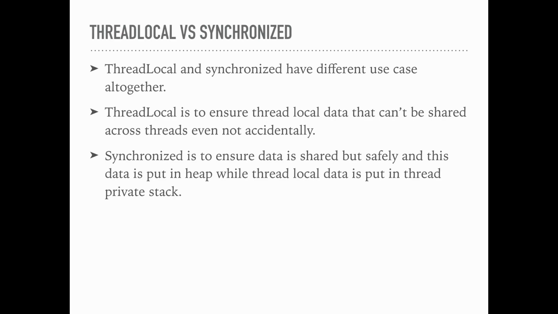So for that, thread local is used. You can think of it like a design pattern as well, where you are just passing in the thread local object, and it's automatically ensuring that all the threads you are passing it to have their own copy of data. Alright, I will show you an example now.